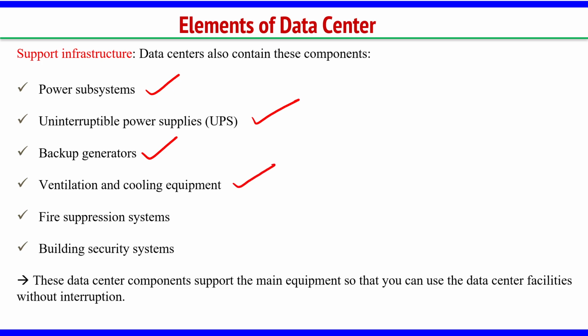And ventilation and cooling equipment, fire suppression systems and building security systems. Building security means security guards who take care of the infrastructure. All these are the additional items involved in the data center. These components support the main equipment so that you can use the data center facilities without interruption. So all this together forms the components of a data center.